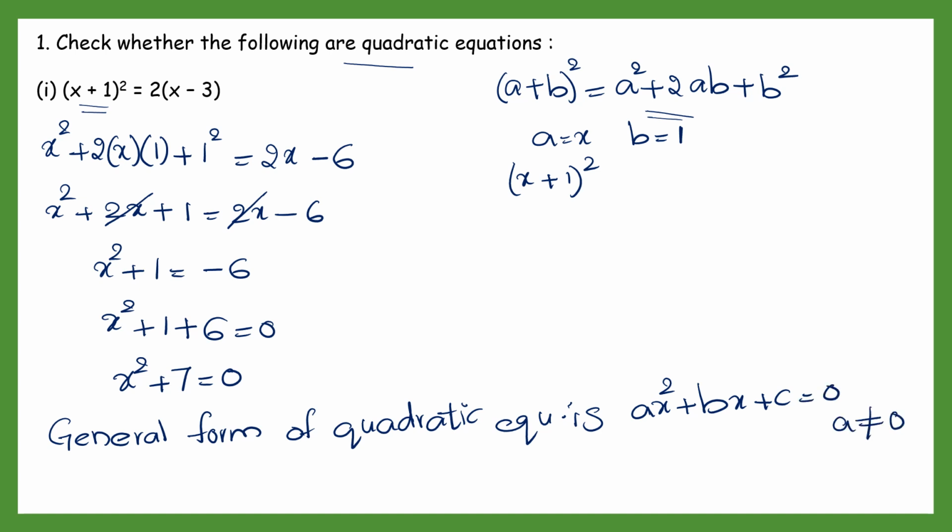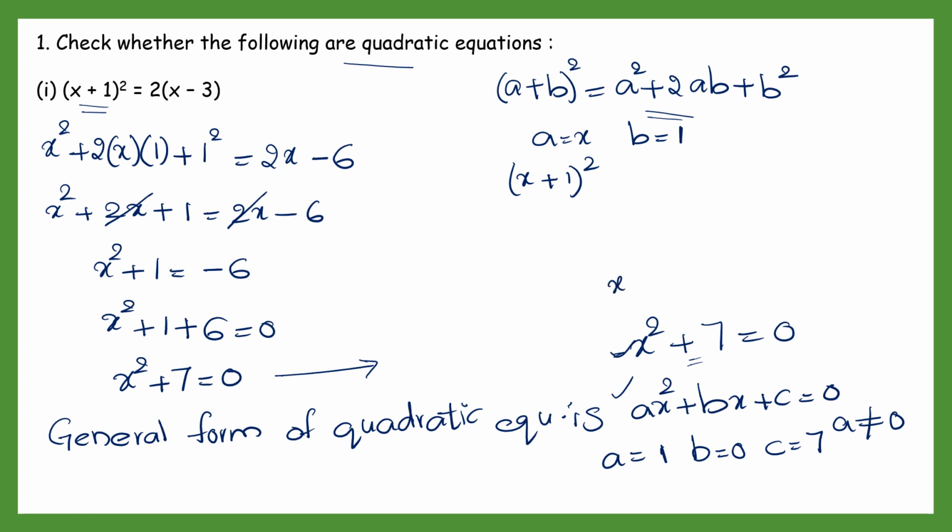Let's see. The equation we got here is x square plus 7 is equal to 0. Compare this equation and the general form. You get a is equal to 1. Bx, here there is no x term, so b will be 0. C is equal to 7.